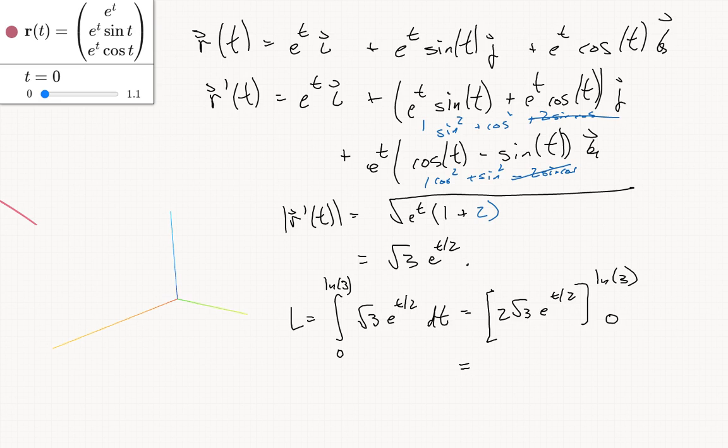So that's root 3 times 3 minus root 3, or sorry, that is root 3 times (3 minus 1). And I guess that becomes 2 root 3, or 6 minus 2 root 3 is another way of writing that.